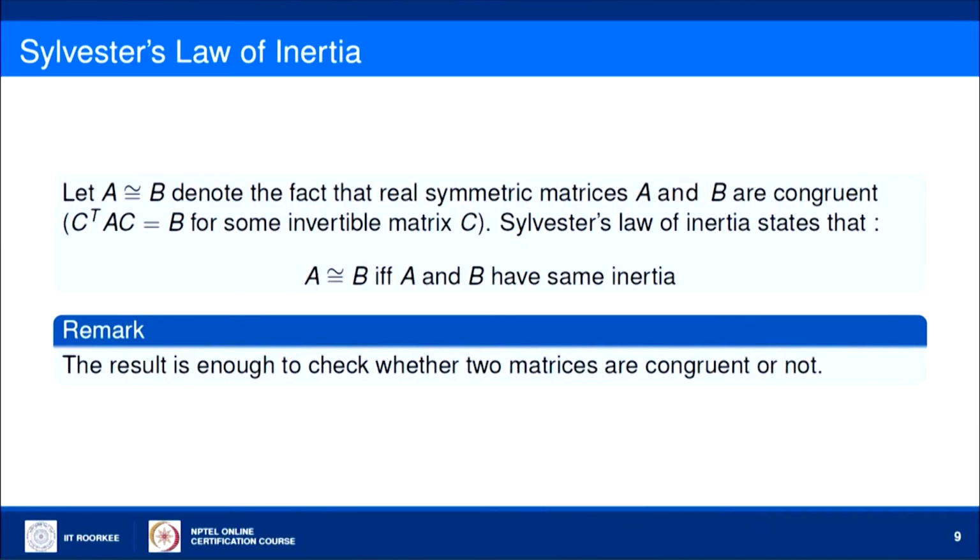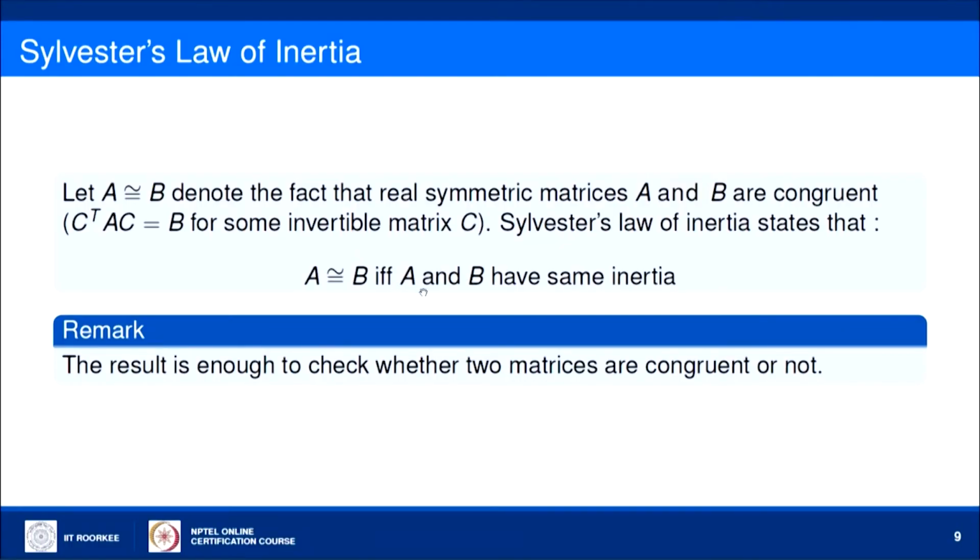Now, we will see a very important result that is called Sylvester's law of inertia. This theorem tells us that if the two matrices A and B are both real symmetric matrices, (the same result holds for Hermitian matrices also), then A and B are congruent if and only if A and B have the same inertia.